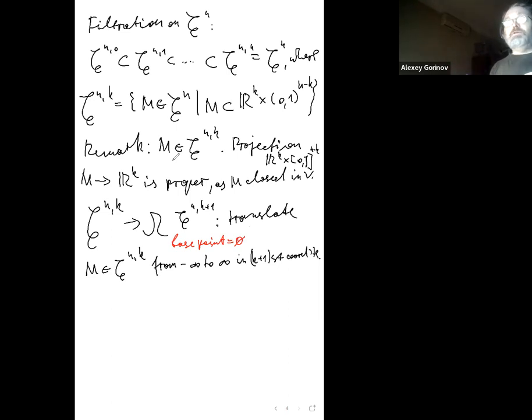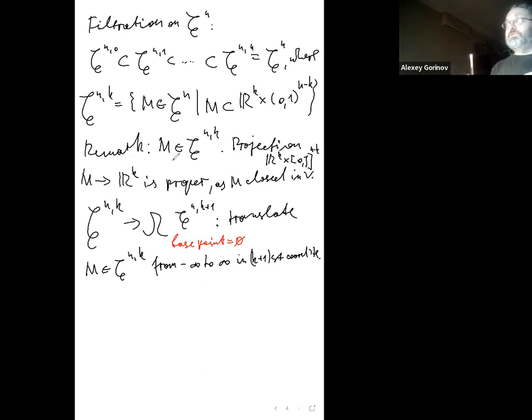Now I take the k plus first coordinate, which is from 0 to 1, and I translate the manifold in this coordinate from minus infinity to infinity.